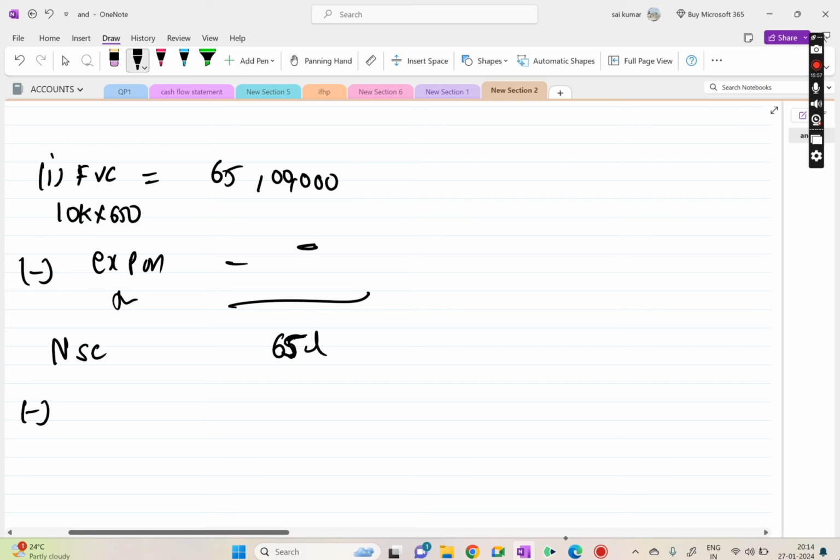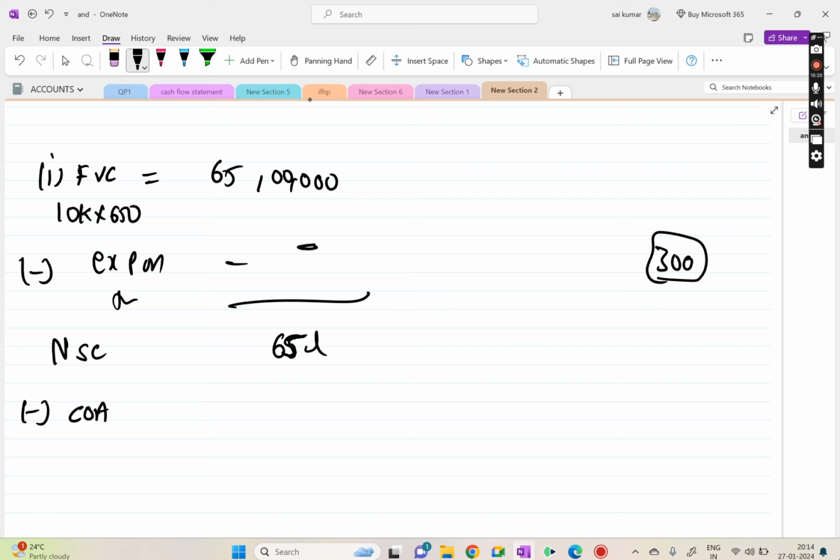Then can I do indexation for this? I have a cost of acquisition, right? Just now we found out the cost of acquisition is 300 rupees. Can I do indexation or not? Yes or no? Sanjana, yes or no?